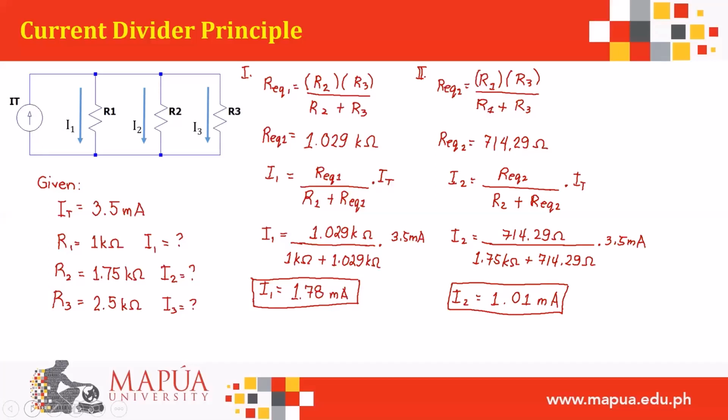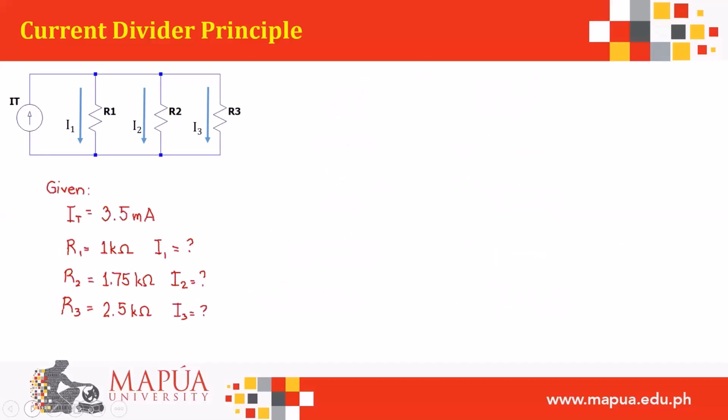Last, we have I sub 3. So get the equivalent resistance of the other resistors, R sub 1 and R sub 2, and that is 636.36 ohms. That's the equivalent resistance of those two resistors.